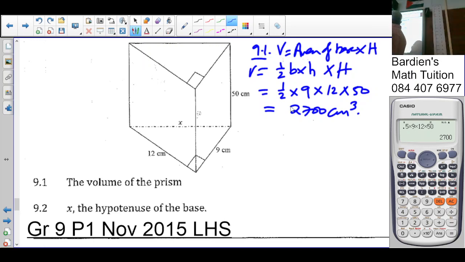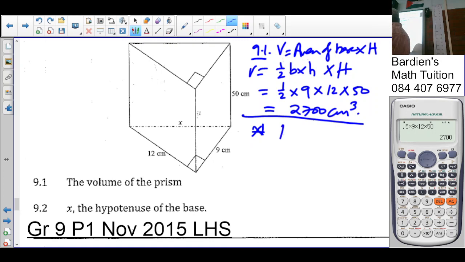What if they had asked us for the capacity? They didn't ask us here for the capacity. Capacity is how much liquid you can hold. We know the ratio from yesterday, was that for grade 8?